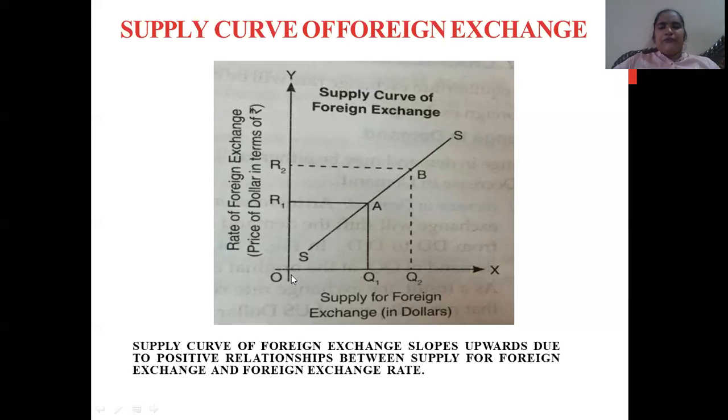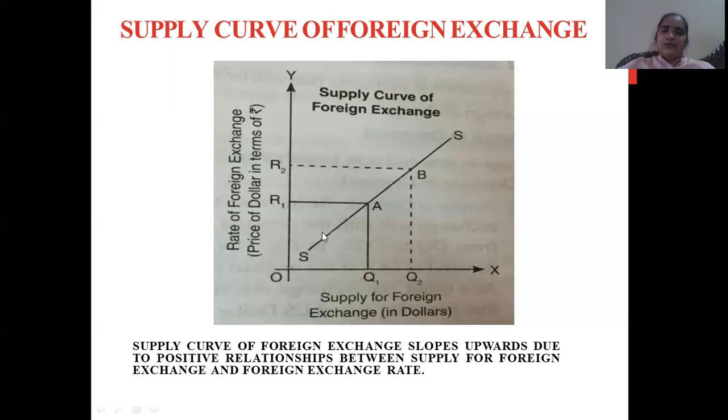Say, for example, the price will rise. The suppliers or sellers will try to sell more, Q2. Why? Because as a seller, I want to make profit. When the price is high, I will sell more. When the price is low, I will supply less. So that's the reason why this supply curve is an upward sloping curve from left to right.